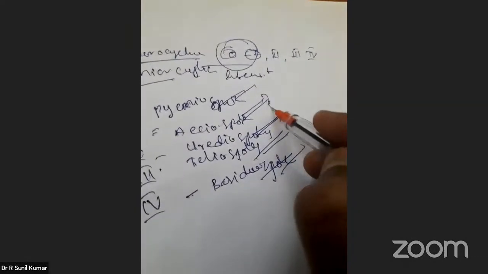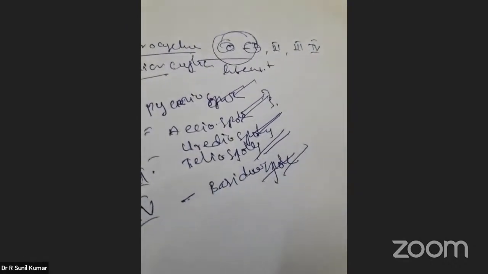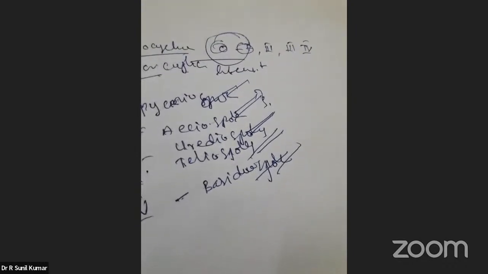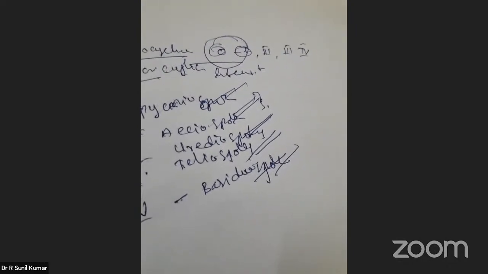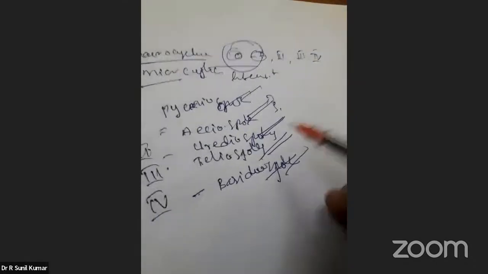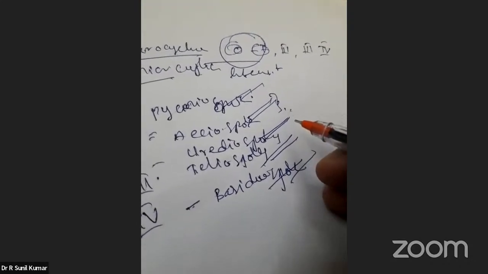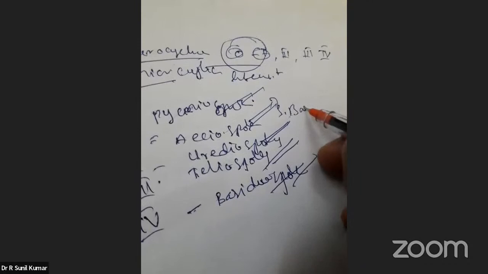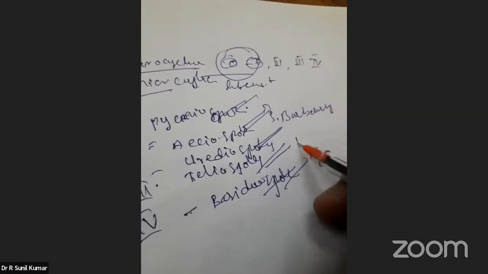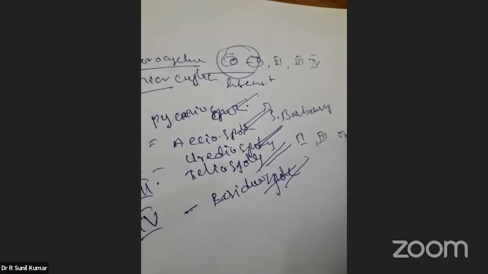Stages 0 and 1 are seen mainly on the barberry plant. The second and third stages are seen on wheat.